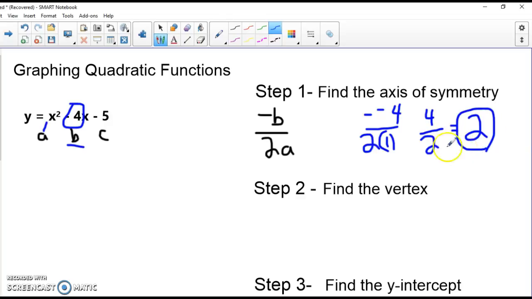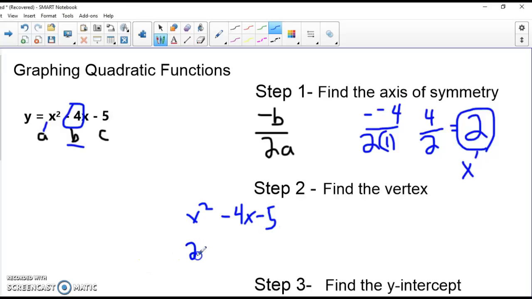Now that we know our first step, we went ahead and did all that. Now we're going to plug this 2 in for our x. And so we have our equation, x squared minus 4x minus 5, and anywhere we see an x, we put a 2.